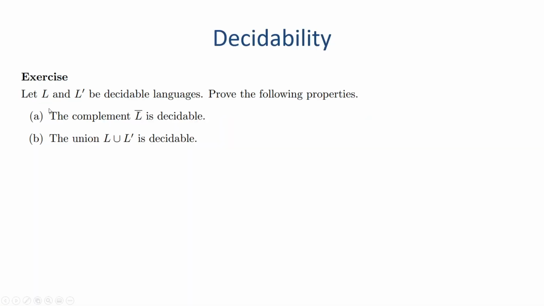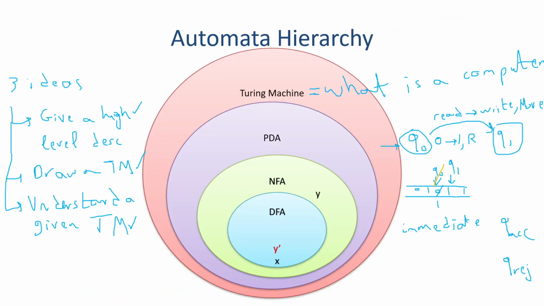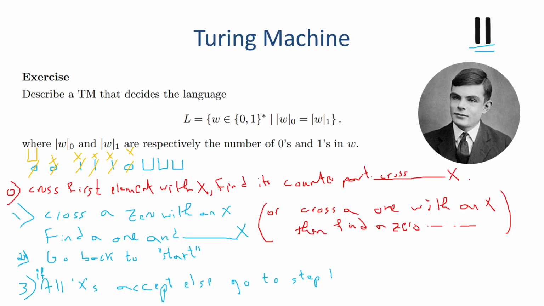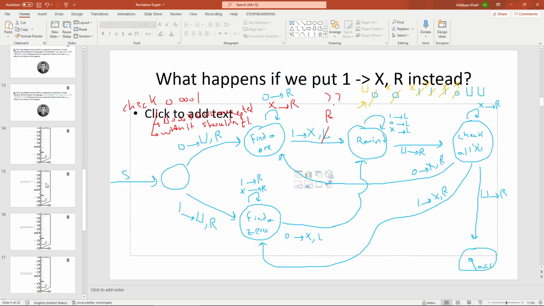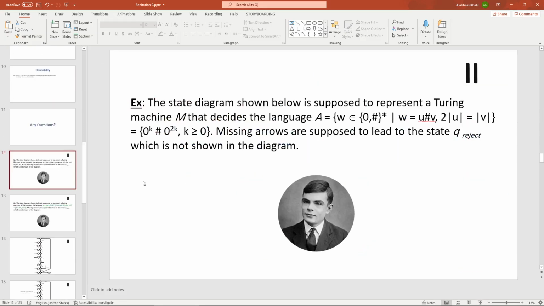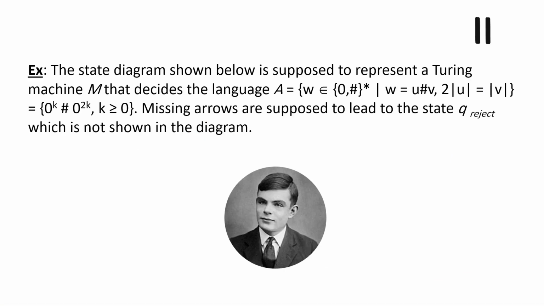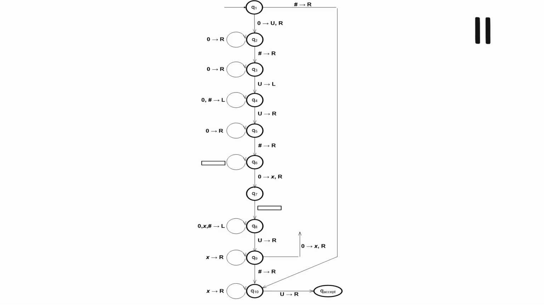Now, again, what we did was we drew a machine, we gave a high-level description. There is technically a third one, where if you're given a Turing machine, you should be able to understand it. We're not going to do that one here. In class, at the end of the class this week, I did resolve this question that we did online, where we were given a machine and we want to be able to understand it.